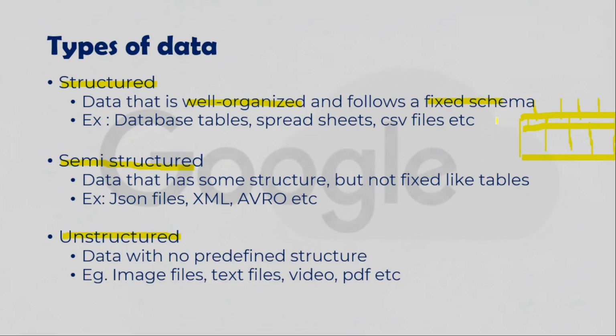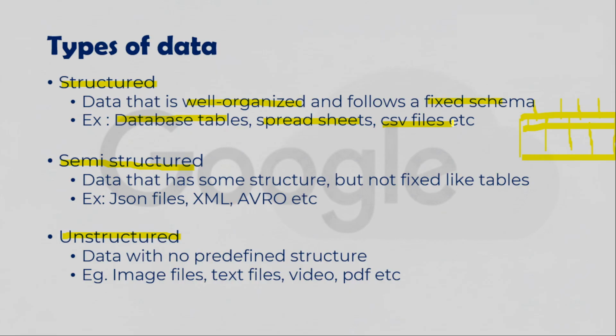Very common examples here are database tables, spreadsheets, and CSV files. If you run a query, for example, select star from orders, you will get structured information of the orders, like the order number, the order date, the price, user details, and so on.